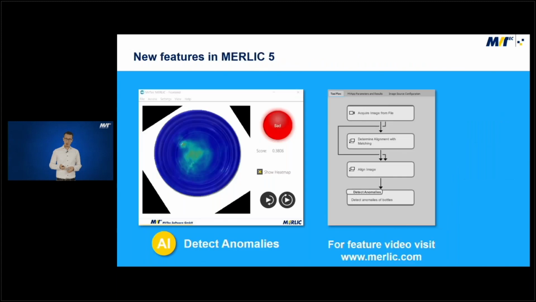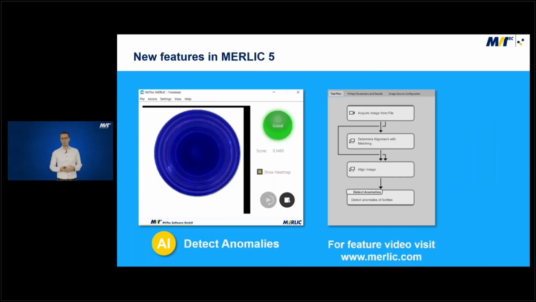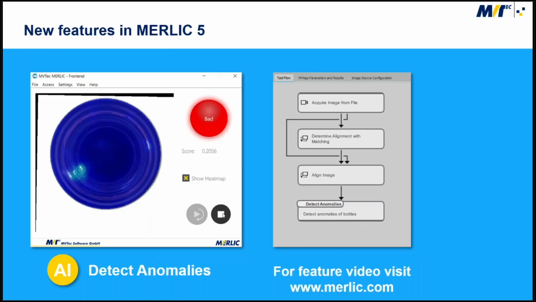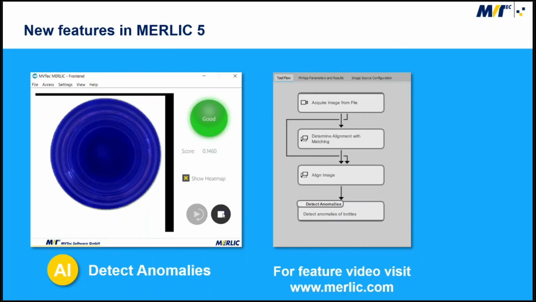Our second feature we provided with Merlic 5 is Detect Anomalies, which is also deep learning based. In that case, we had some bottle inspection. The positive, or the USP, of the anomaly detection is that you only need a few good images to train the classifier. So you can more or less switch between the classification to classify your image as a good or bad image, or maybe a different kind of classes, or you can use the anomaly detection.